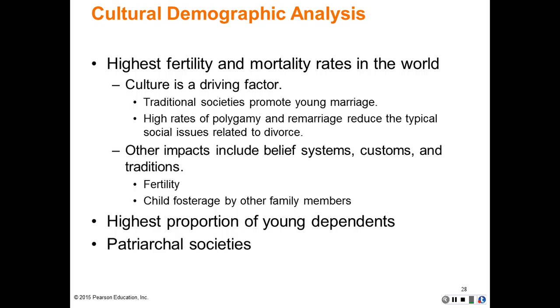The region has the highest proportion of young dependents. As we look at a population pyramid later in this lecture, we'll discuss this further. The patriarchal societies also, as a cultural analysis, are a cause of high fertility rates.